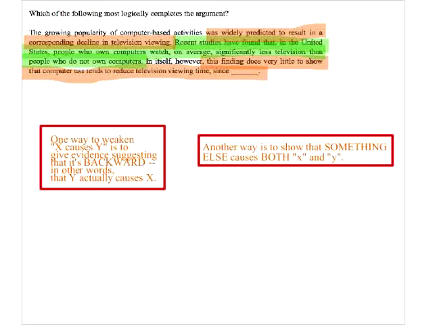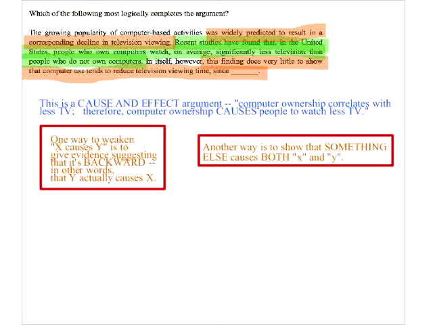In other words, more computer time or computer ownership correlates with less TV. Therefore, computer ownership causes people to watch less TV. That's what the argument is saying.